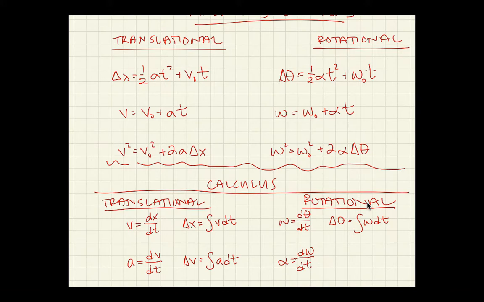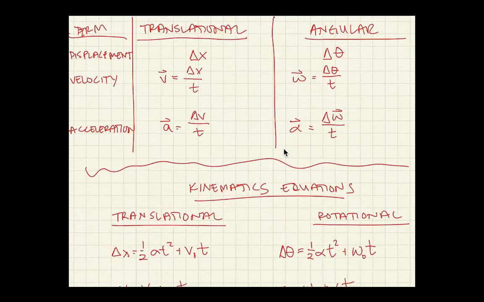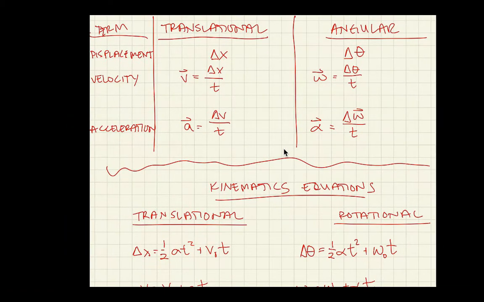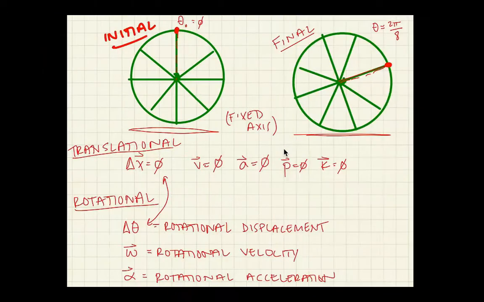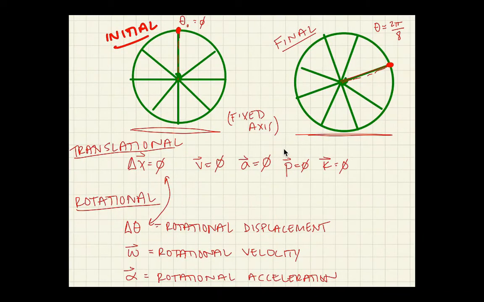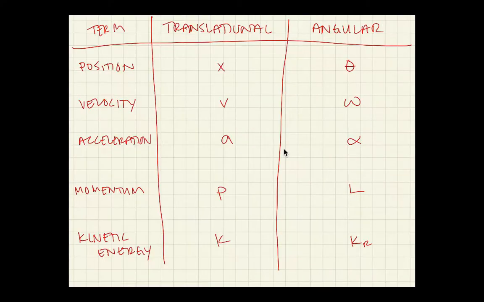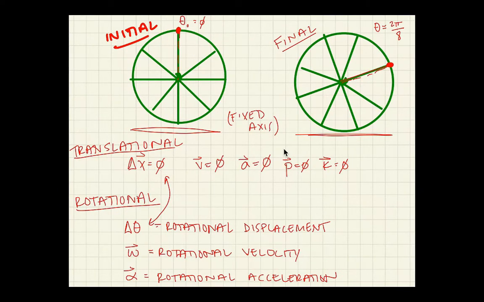And delta omega, the change in rotational velocity, can be defined as the integral of alpha dt. So all these relationships still hold true. And that's the basics of rotational kinematics and how you get there. It's really the same thing that we talked about before, except applied to a new situation, new context.